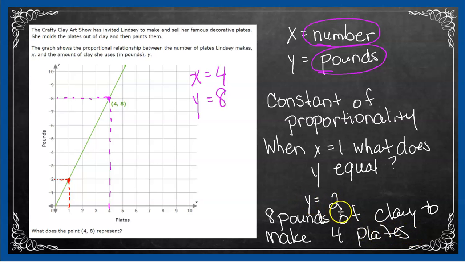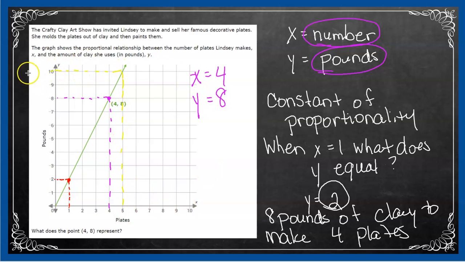And that kind of makes sense, doesn't it? If the constant of proportionality is 2, that means that whatever the number of plates she makes, you would multiply that times 2, and that's how many pounds it would take her to make those plates. So then, by the same token, if she makes 5 plates, which you can see right here, 5 plates lines up with the 10 pounds.